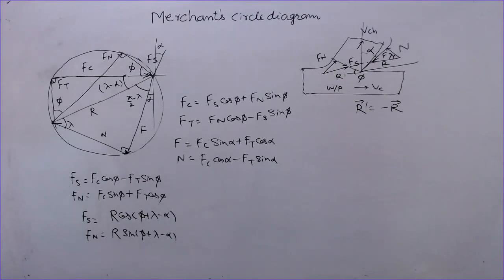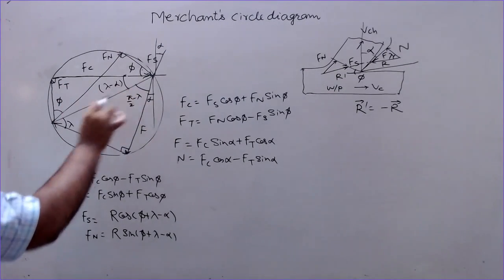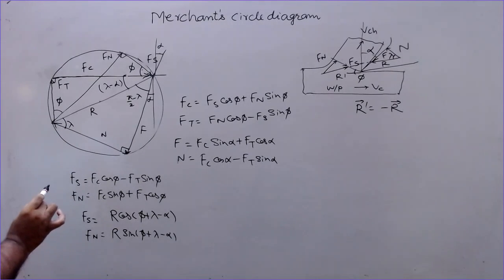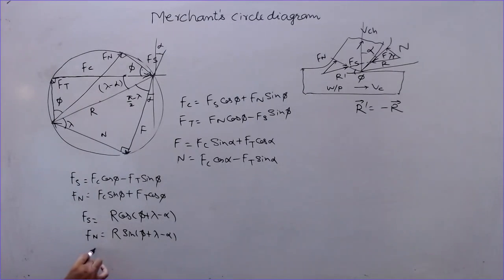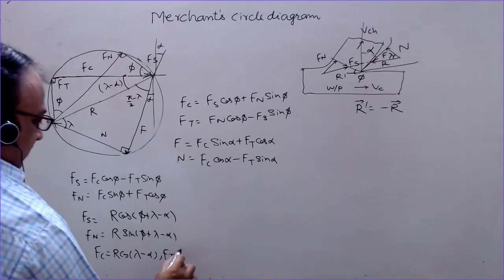And we can also write the relationship among these two forces with R. Fc is R cos lambda minus alpha and Ft is R sin lambda minus alpha.